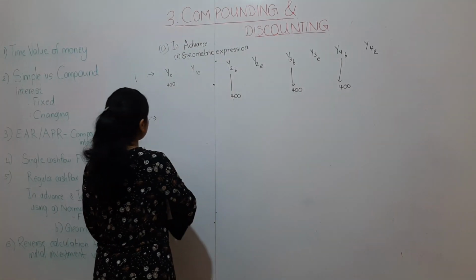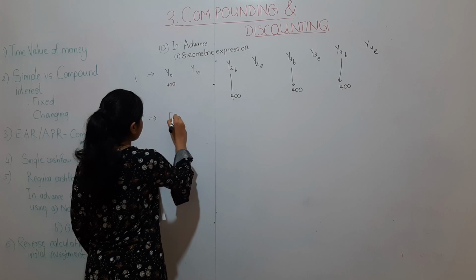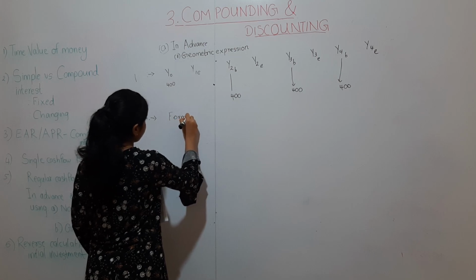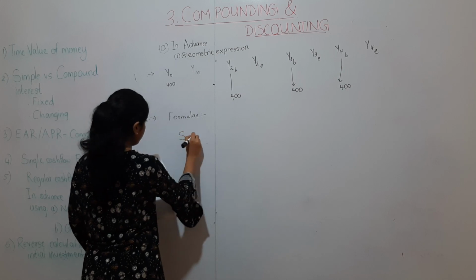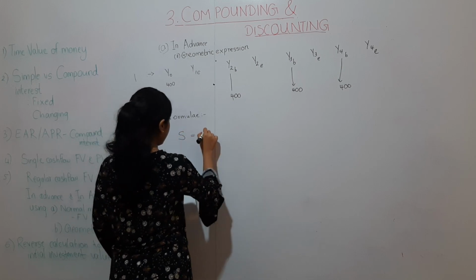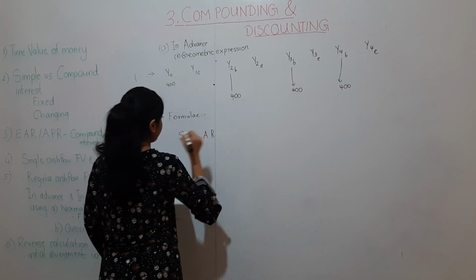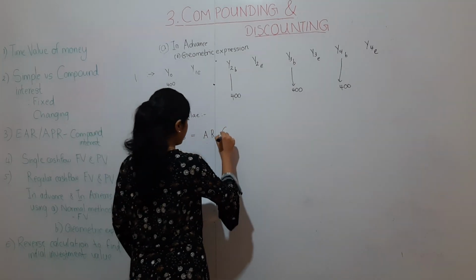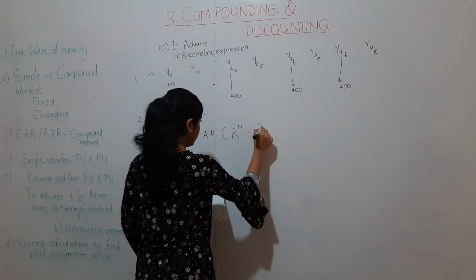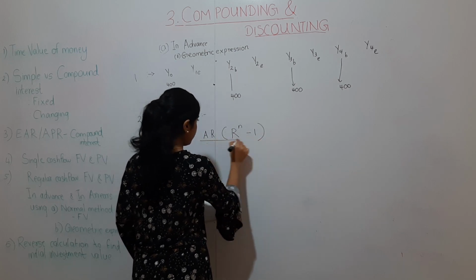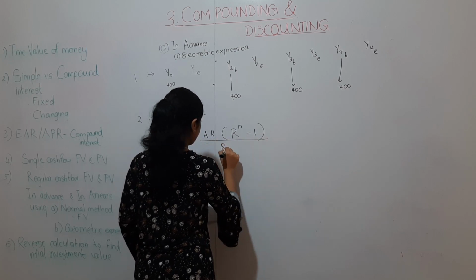So, you have to keep that in mind because that will be used for your second step. Your second step, we have the geometric expression formula, which is S, denoting the future value, equals AR multiplied by R to the power n minus 1, divided by R minus 1.